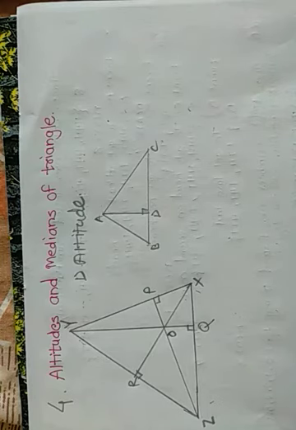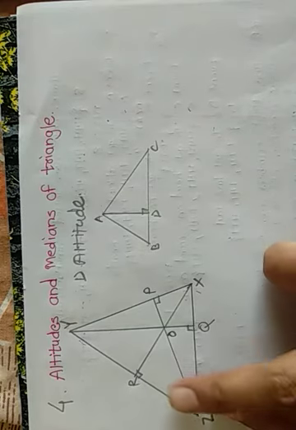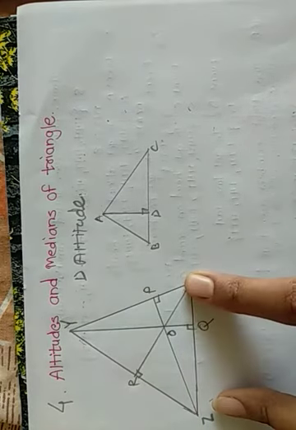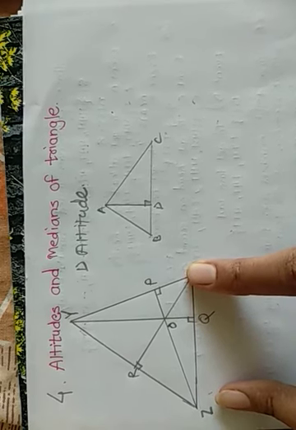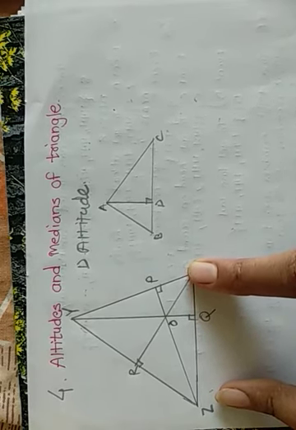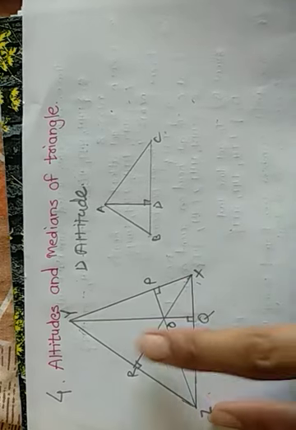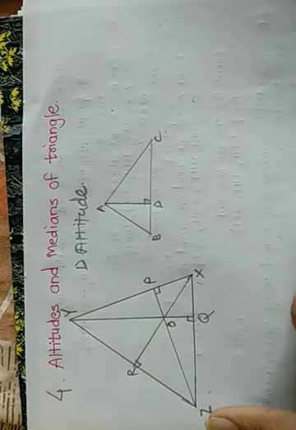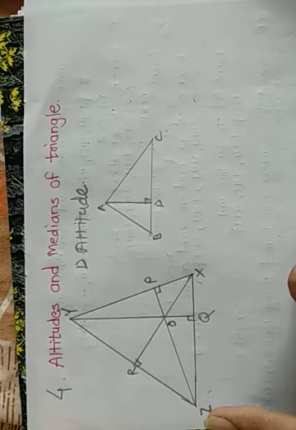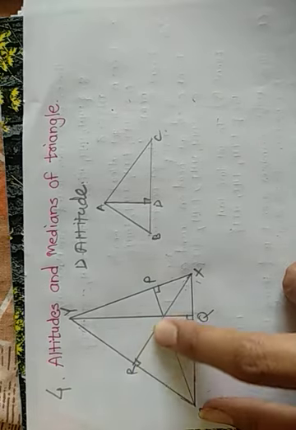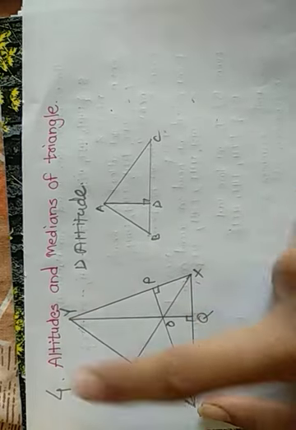To draw the altitude of a triangle, first draw a triangle XYZ. After that, by using a set square, name the point where it meets side YZ as R. Segment XR is the altitude on YZ.